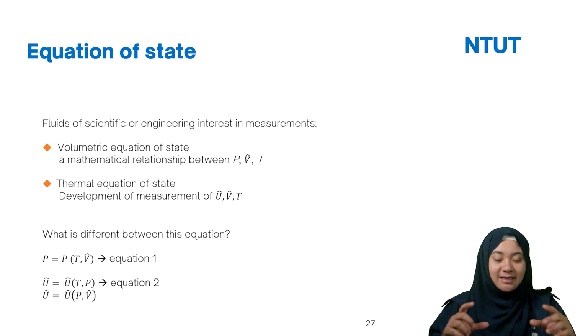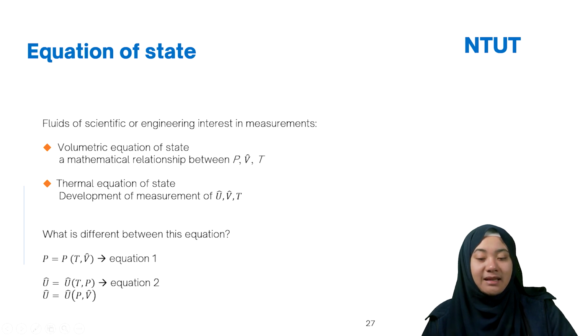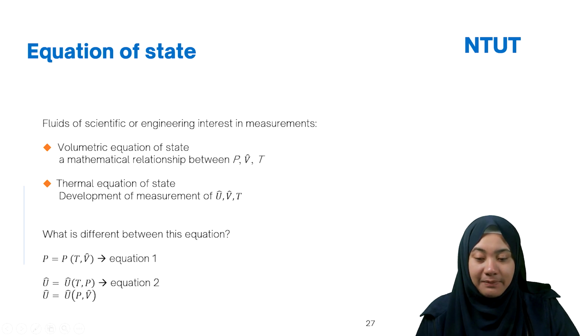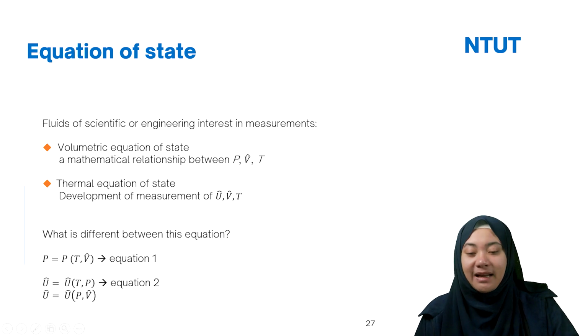The brackets mean the function of T and V, depending on the specific T and then V. In equation 2, you see U, T, P, and V. If they are equal, it means U is equal to U of T and V. So you can simplify like that.